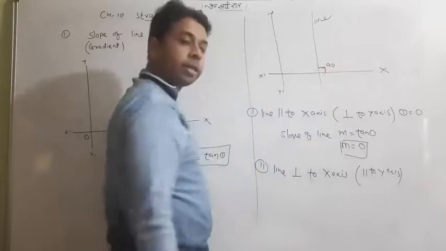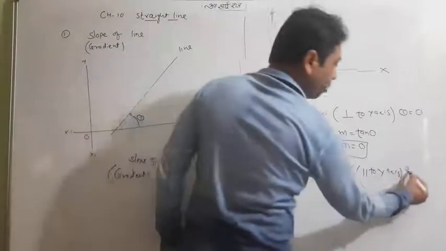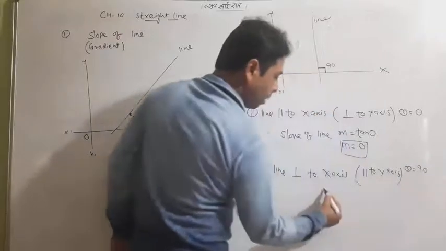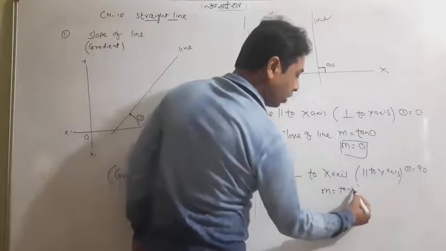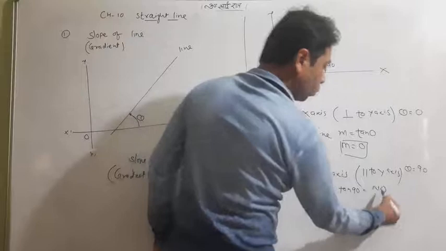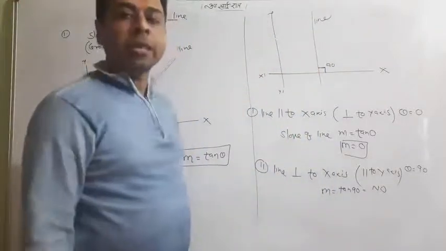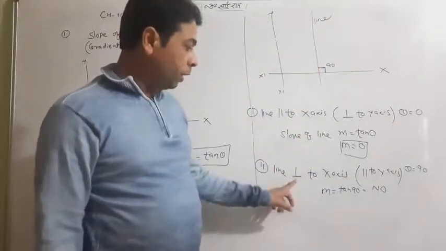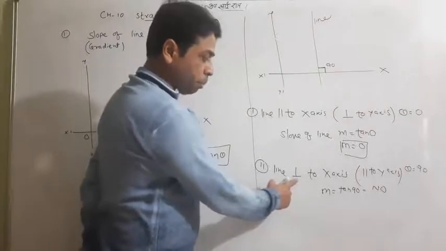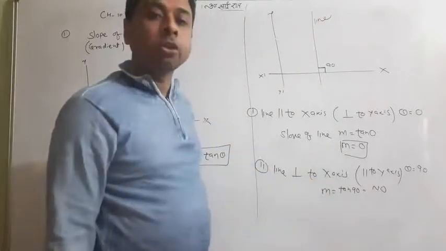The angle is 90. So when theta is equal to 90, m equal to tan 90, which is infinite, which is not defined. Keep in mind that the slope of a line perpendicular to x axis is not defined.